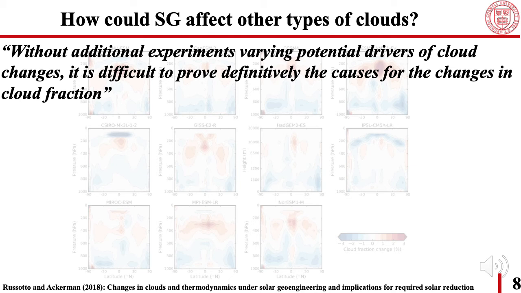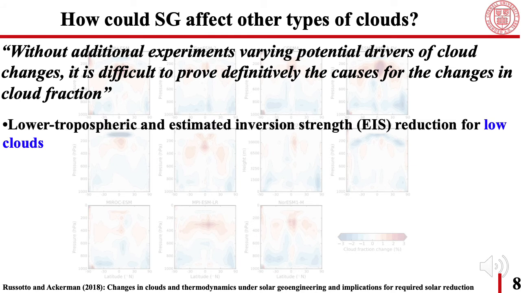But they do still offer some insight on where these changes might come from. In particular, for changes in low cloud fraction over the ocean, they identify a decrease in lower tropospheric stability, which is the potential temperature difference between 700 hectopascal and the surface, and also a decrease in estimated inversion strength, which is a metric of the temperature inversion at the top of the marine boundary layer.